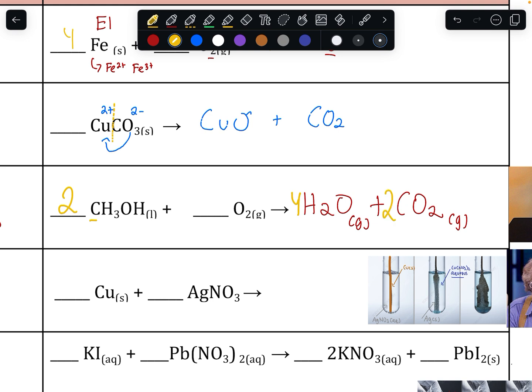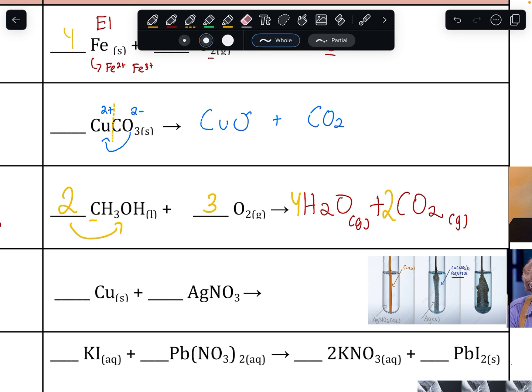Okay, let's look at the oxygen now. We have 2 times 1, which is 2, plus another 2, which is 4 to the left. We have a 4 plus 2 times 2, which is 8. What that means is in front of the oxygen on the left side, to get that magic number of 8, we have to put a 3 there.